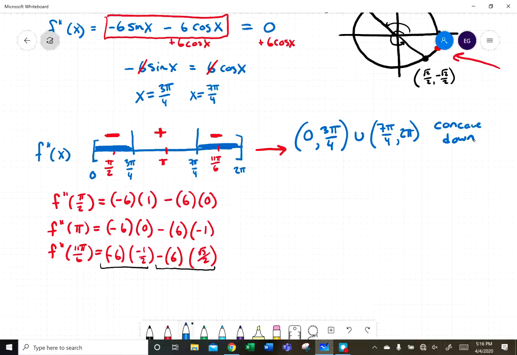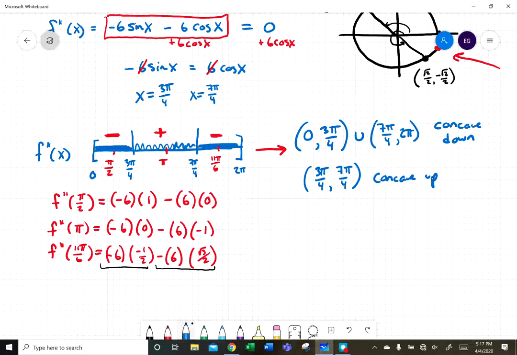And on this center interval, the sign of the second derivative is positive. So on the interval 3 pi over 4 up to 7 pi over 4, the graph of our function has a shape that is concave up.